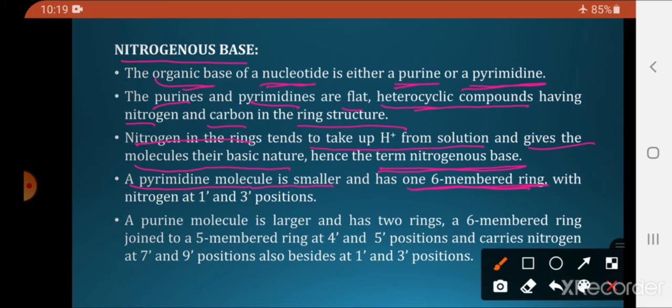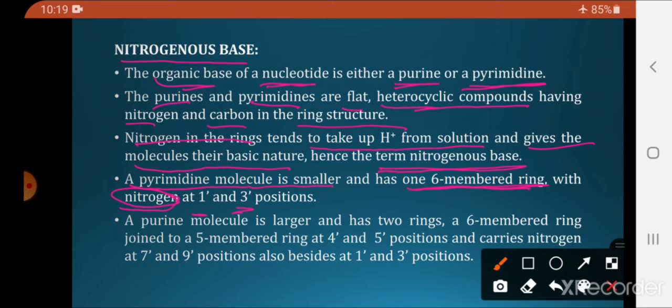Of these 6 members, positions 1 and 3 are occupied by nitrogen, and the remaining are occupied by carbon.